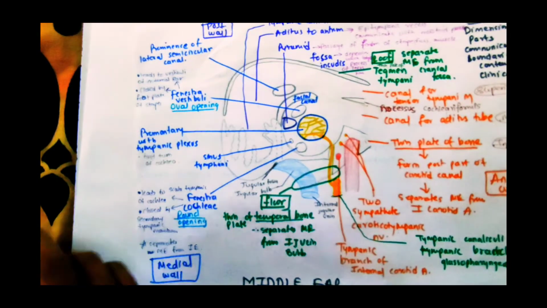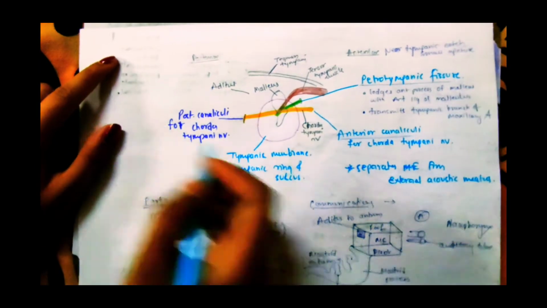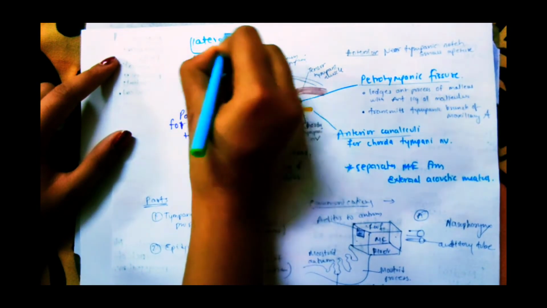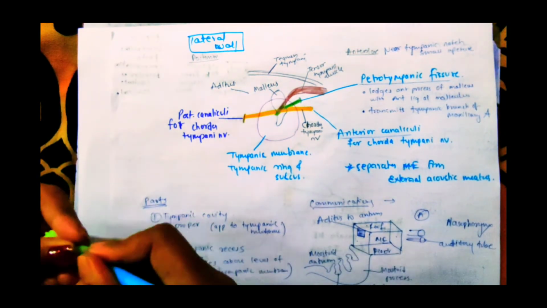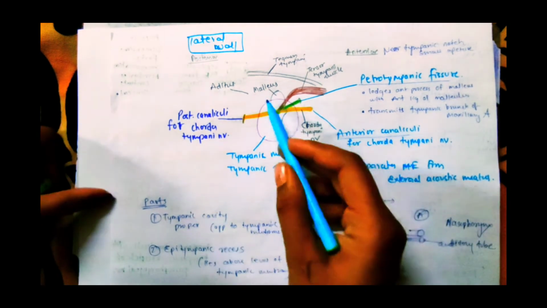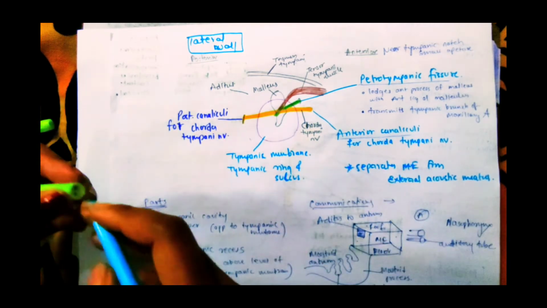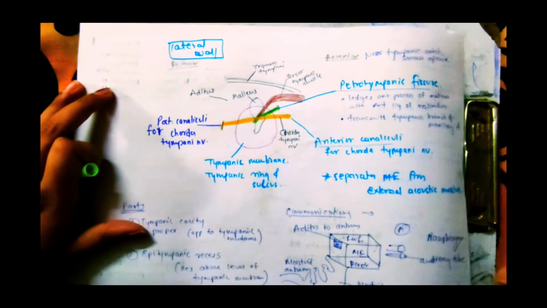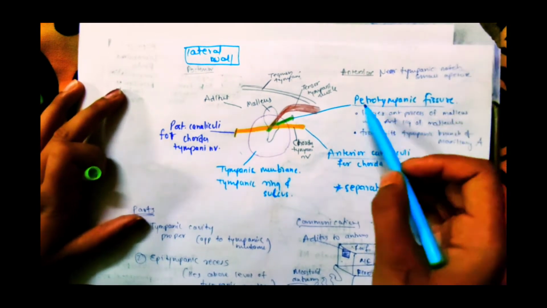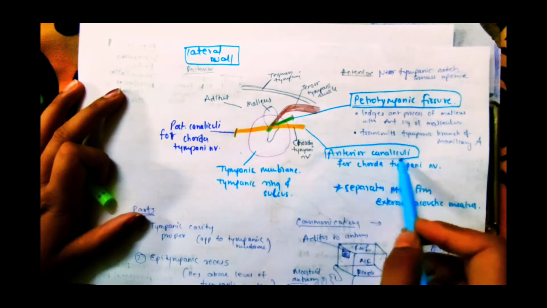Then comes to the lateral wall. The lateral wall is made from the tympanic membrane, tympanic ring, and tympanic sulcus. Near the tympanic notch, there are small apertures, that is the petrotympanic fissure and the anterior canaliculus.